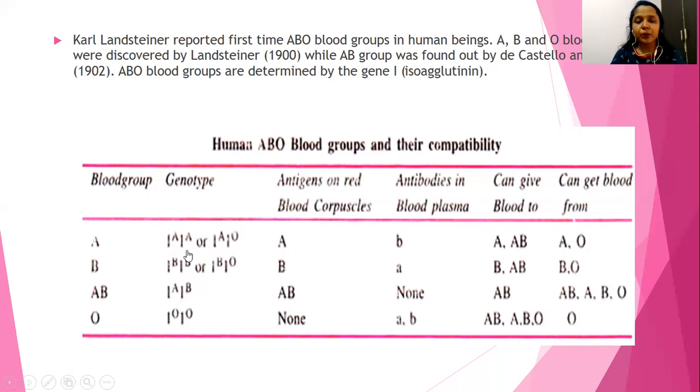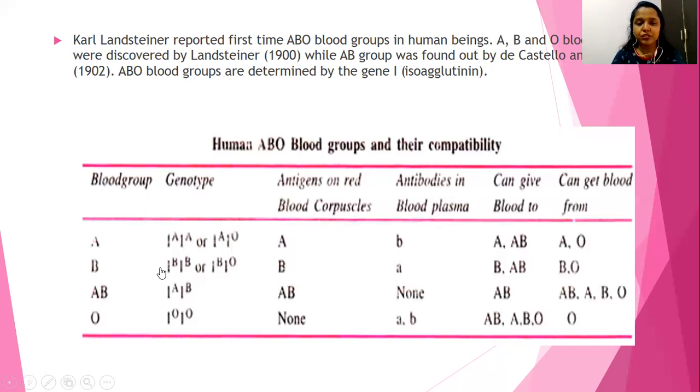Accordingly, how can we classify these A, B, AB and O blood groups based on the presence of antigen and antibodies? As I said, antigen is a substance which is there on the cell membrane of the red blood corpuscle, and the antibodies are the ones which are there in the blood plasma. A blood group individuals will be having A antigen in their red blood corpuscle and antibody B in their plasma.